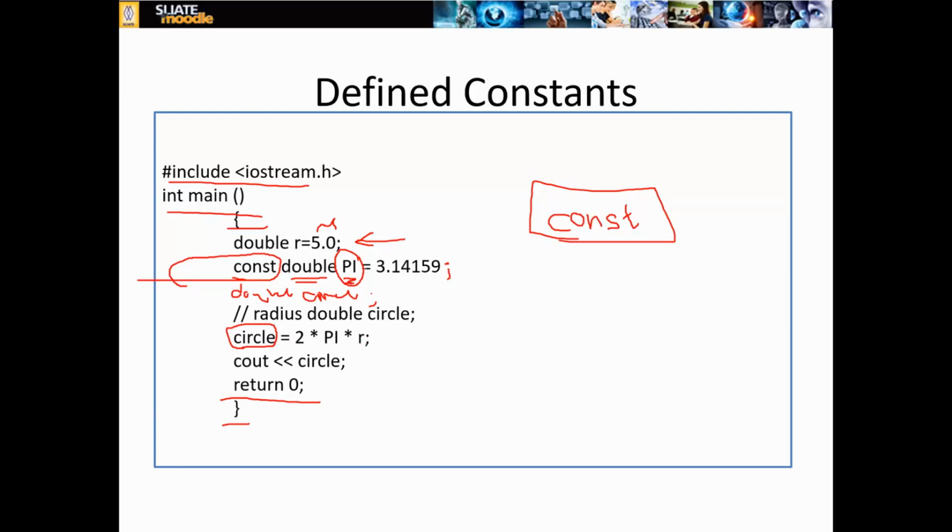So the value of pi will be taken here, the value of r will be taken here, and when we multiply all three together, we will get the result for circle. And cout circle, you know what it is. You can print the value of circle and return 0. You know what it is.